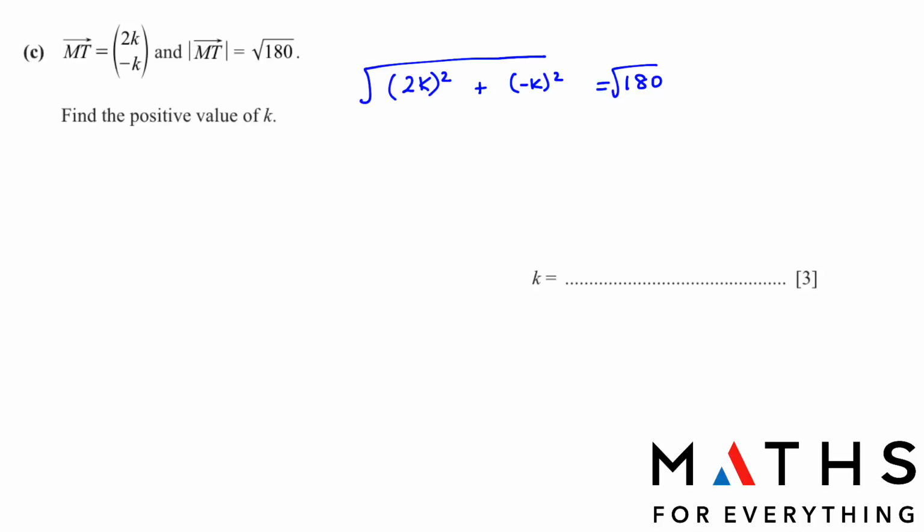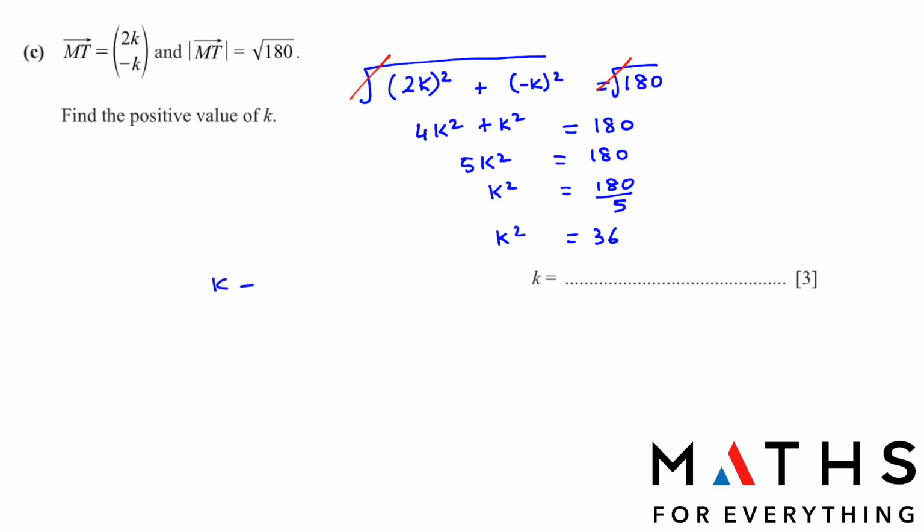As both the sides have square root, they get cancelled. And you will get 4k squared. Remember, the square is for the 2 and the k. Plus k squared. The negative k multiplied by negative k will become positive k squared, is equal to 180. 5k squared is equal to 180. k squared is equal to 180 divided by 5, which is 36.